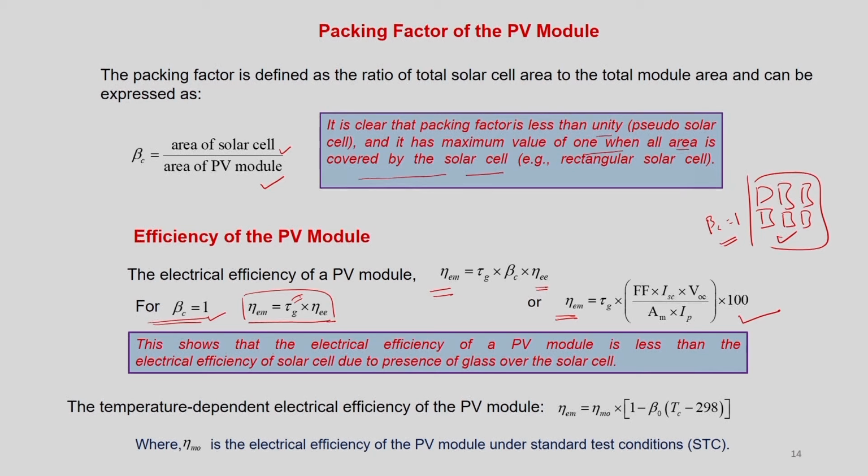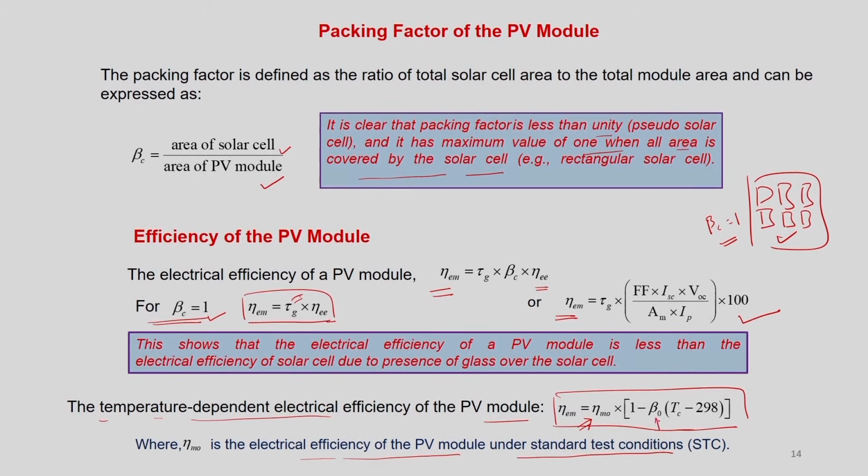Okay. And also we can derive the temperature dependent electrical efficiency of the PV module by using this expression. Okay. So, this eta m naught is the electrical efficiency of the PV module under standard test conditions. Okay. So, that is 1000 watt per meter square of insolation, a spectrum of AM 1.5 and an ambient temperature of 25 degrees C. Okay.